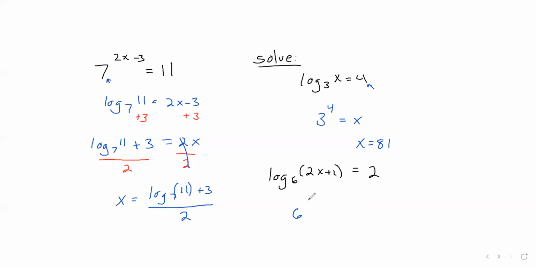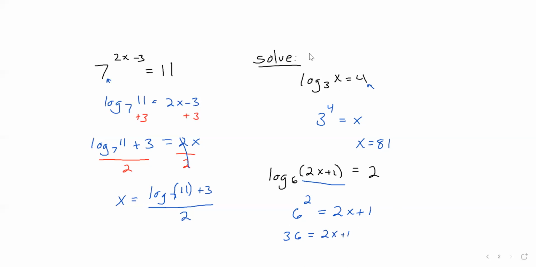Base 6 raised to the power 2, so it's always raised to whatever the log is equal to, equals whatever's inside the log, which in this case is 2x plus 1, the entire thing. Whatever is in those parentheses goes on the right side here. And now I can do this one arithmetically. So this is now 36 equals 2x plus 1.